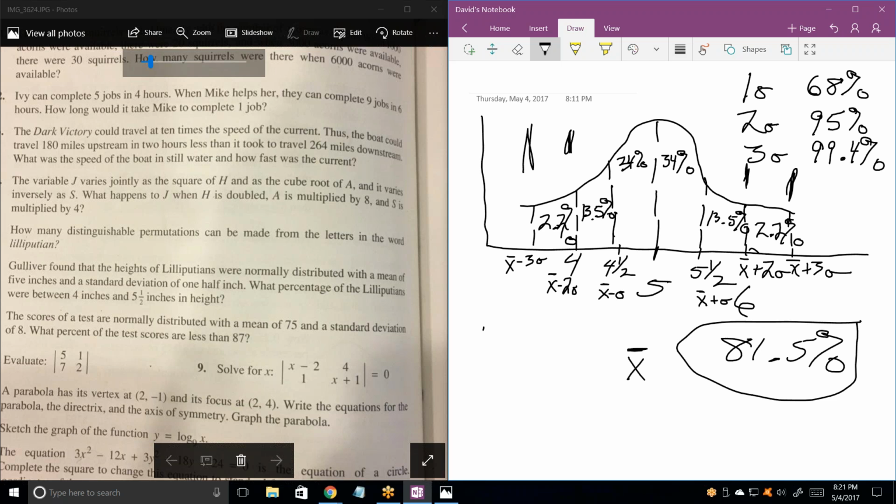In other words, part of the information they give you, that is 1/2 inch. And the mean is 5 inches. So between those two pieces of information, we pretty much have a really good idea to answer all of these questions.